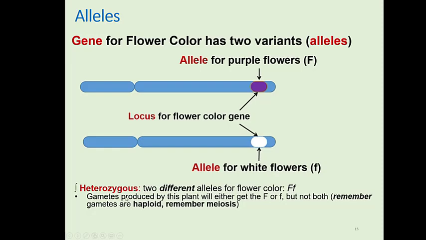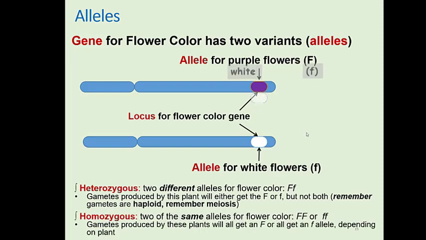So that means that the gametes produced through meiosis are going to have either the dominant or the recessive. Remember, in meiosis, these are going to get split up. Now, if it's homozygous, they have exactly the same. So the gametes produced here are going to have the exact same allele because that's all they have to give.